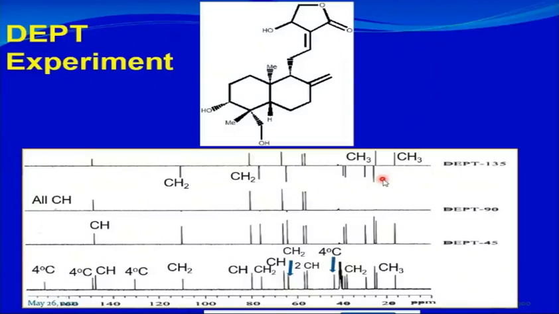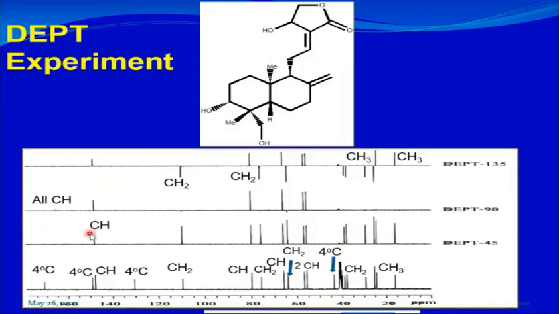So this is how. Now see, I did not touch depth 45, but still we have differentiated between all the different types of carbon atoms, right? And still, if you want to go for depth 45, you can see 1, 2, 3, 4, 5, 6, 7, 8, 9, 10, 11, 12, 13, 14.